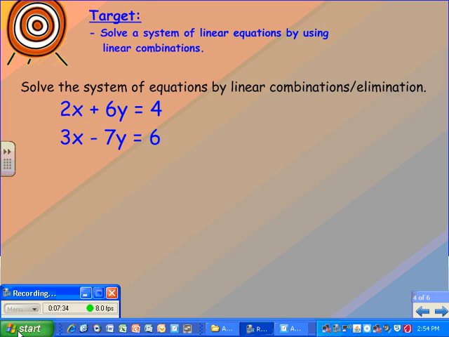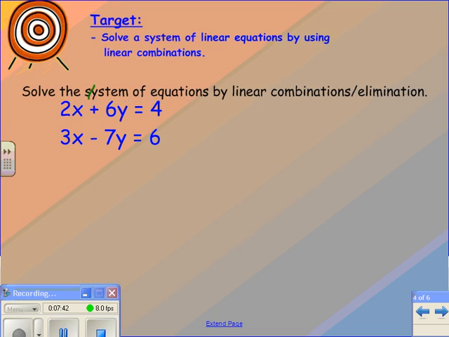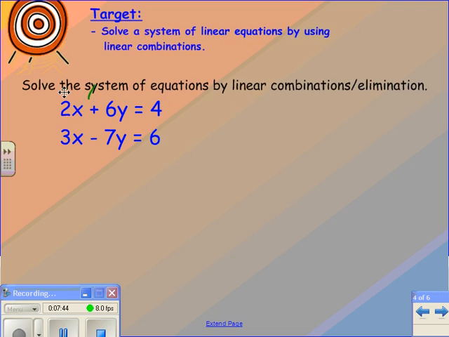So if I want my top equation to have the x to have a coefficient of 6, then that means I'm going to have to multiply this entire equation by 3 to get that 6x for my x term. And then I'm looking at my bottom equation, and if I want my x term to be -6x so that I can eliminate, then I'm going to have to multiply that entire equation by -2.